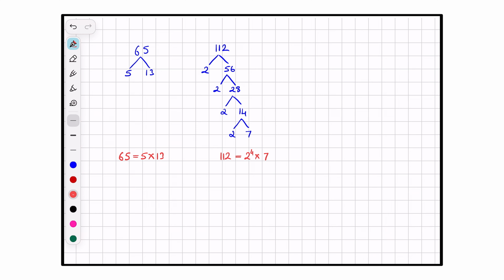Now the question is, what is the HCF and LCM of 65 and 112? For HCF, we have to find the HCF of 65 and 112. And for that, we have to write the common factors of 65 and 112. But do we have any common factor?